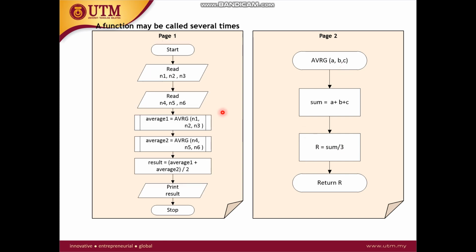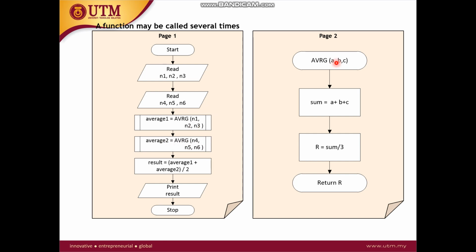Okay, in this example we are going to learn that each function can be called several times. Look, average 1 equals average n1, n2 and n3, which we have entered. Average 2 equals average n4, n5, n6.